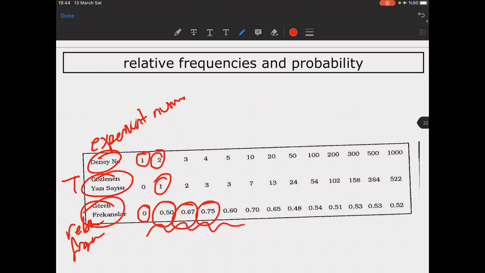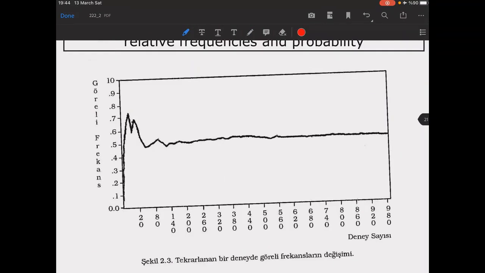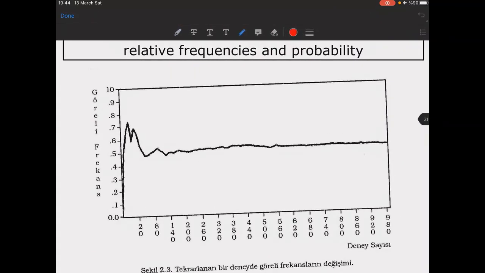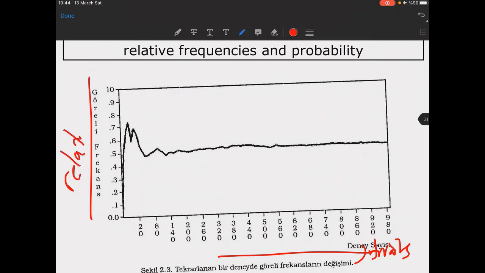As you see, it is just oscillating. But if you increase the number of experiments, it will eventually become more stable as you go ahead. The number of trials, your experiments, and their relative frequencies are given here. They start with oscillation, but as you increase the trials, they eventually become more stable.